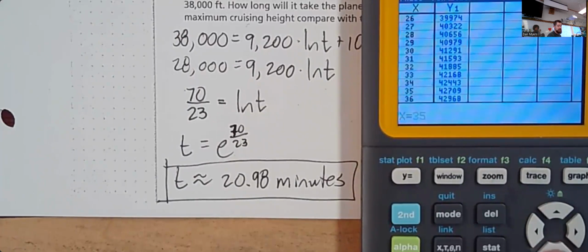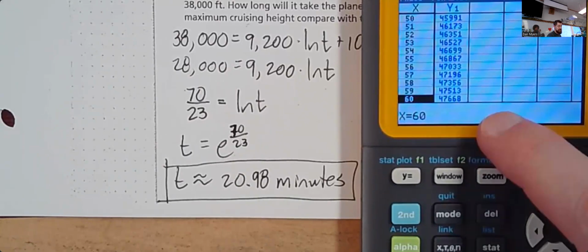So what's happening? According to our model, what's the height after an hour? Like 47,668 feet.